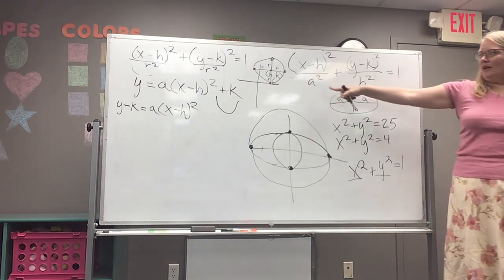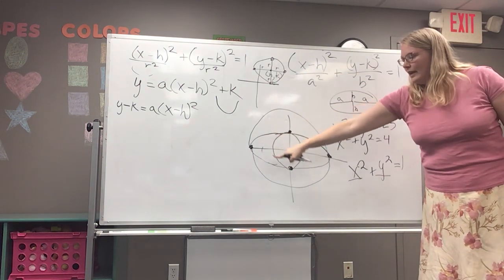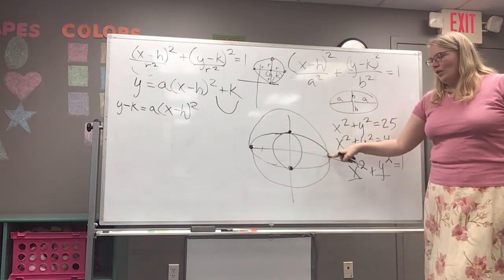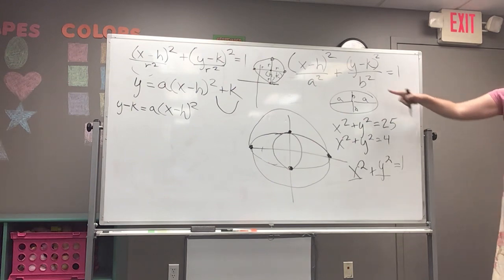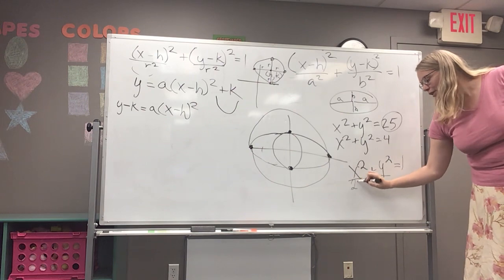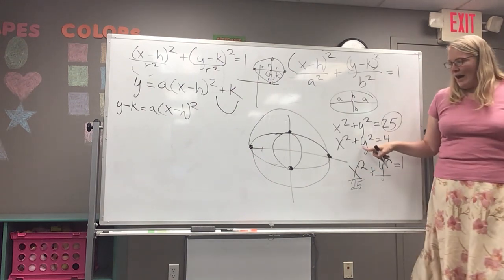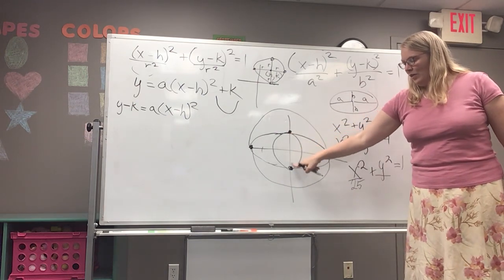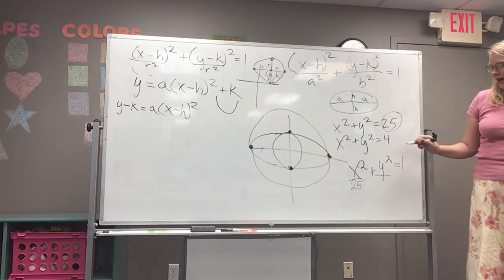So a goes with x. On our ellipse, what is our wobble from the center? 5. And again, it's squared, so we are back to the 25 number. For our y, our wobble, or change in both directions, is our smaller circle, or our y direction up and down.